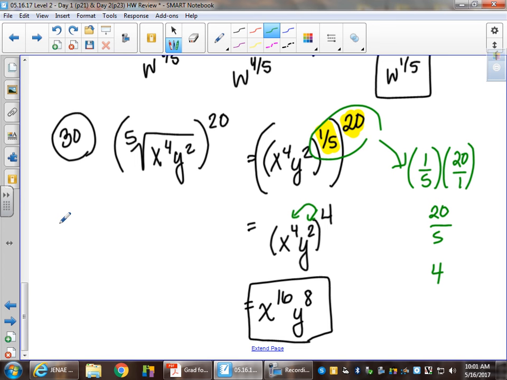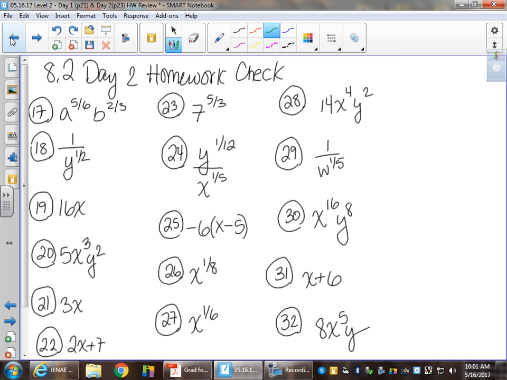And again, this is number 17 on the day 2 homework, which was on page 23 of our workbook, 8.2 day 2 homework. So we're going over this one to wrap up the review.